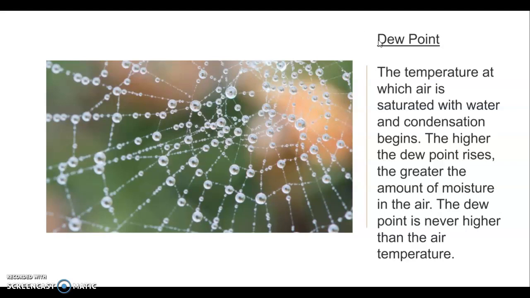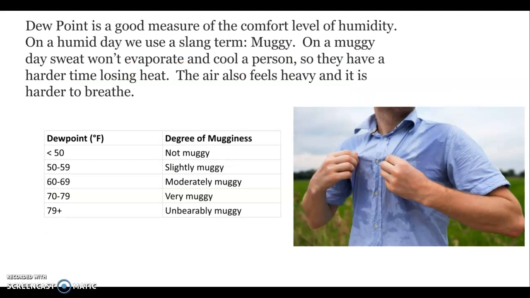And during the dew point, if it happens just above the ground level, we have fog. If it happens up elevation, we have clouds. It doesn't necessarily mean that we're going to have rain, but you'll have some sort of water droplets forming, very often small. So remember that as the dew point gets higher and higher, it gets more and more miserable to be out there. All right, so that's it for a quick review of yesterday.